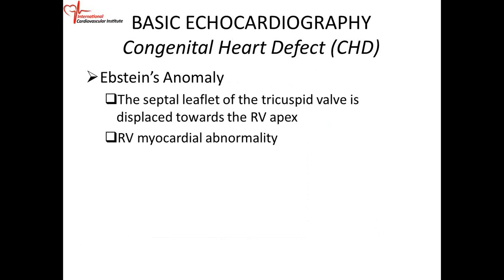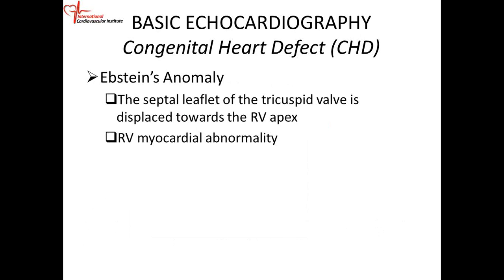In Ebstein anomaly, the septal leaflet of the tricuspid valve is displaced towards the RV apex. So the septal leaflet is very, very low in the right ventricle. There's almost no right ventricle. There's a huge right atrium and almost no right ventricle.